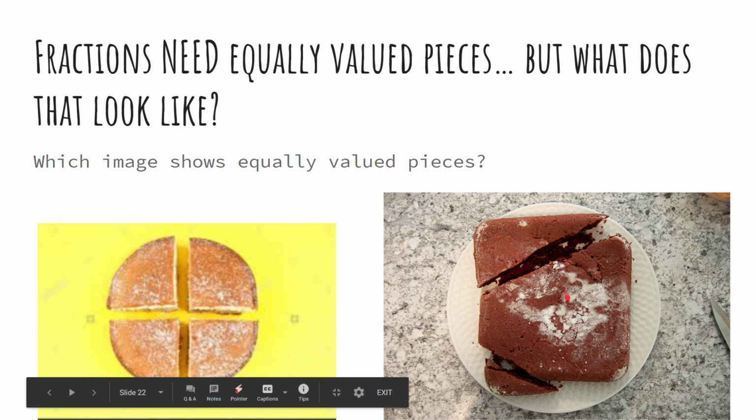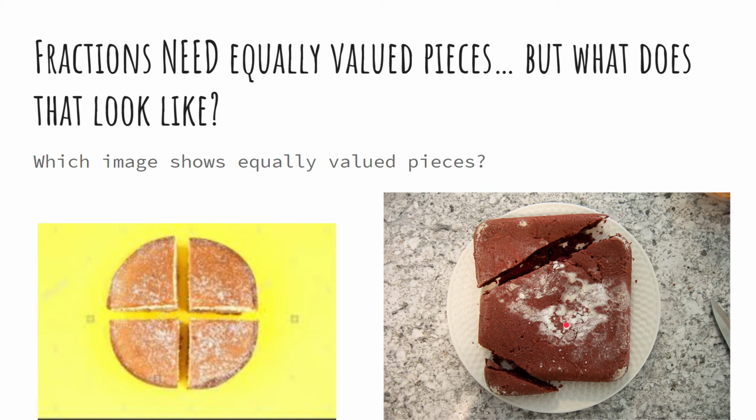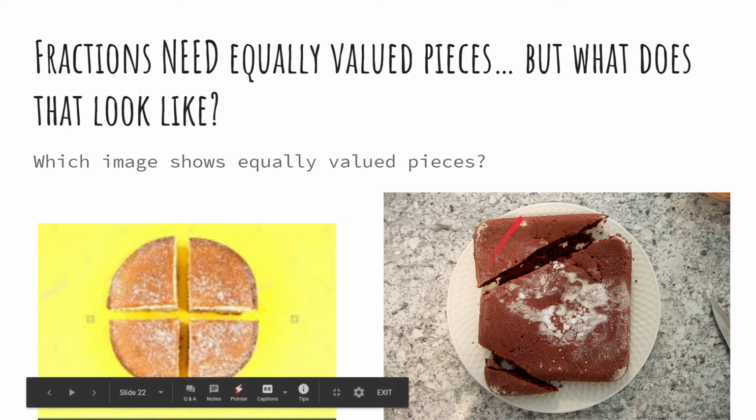Now if we come over to this photo here, technically, yes, I think it's a cake, I'll say it's a cake, is broken up into 3 pieces. But are these pieces the same size? No, they're not.